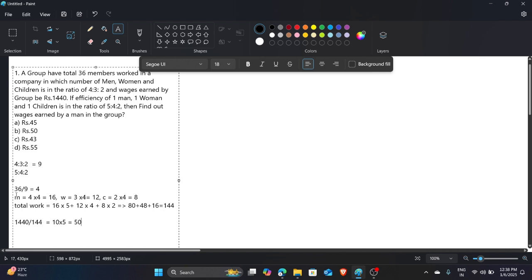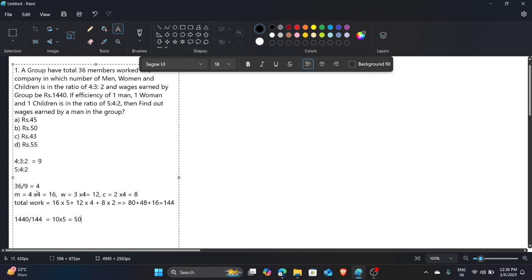If there are 36 members, then the total number of men is 16, women 12, and children 8. If the efficiency of one man is 5 units, then 16 men can do 80 units of work. Similarly for women it is 48, and for children 16.